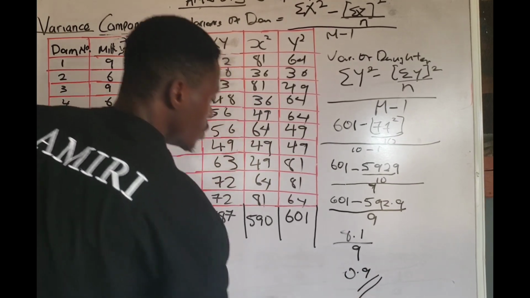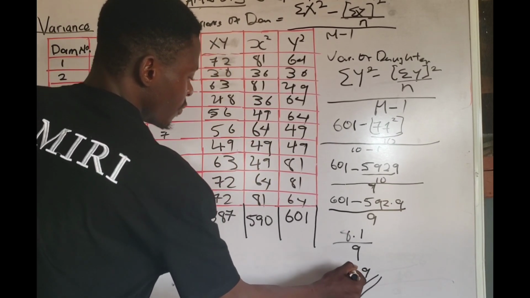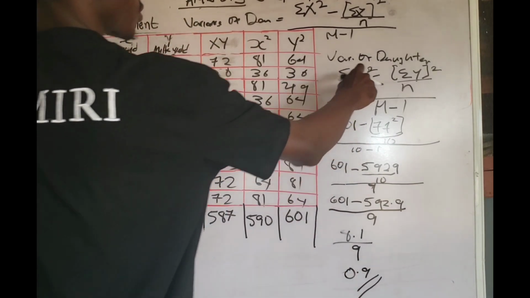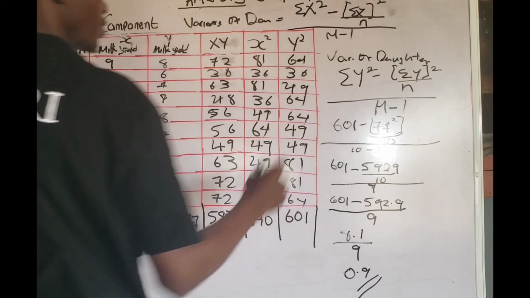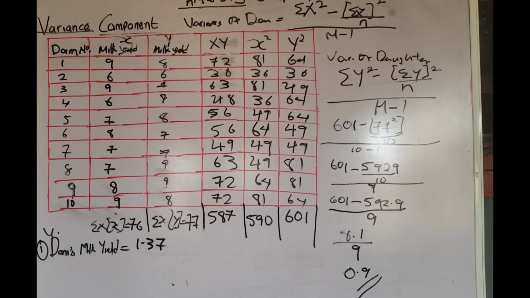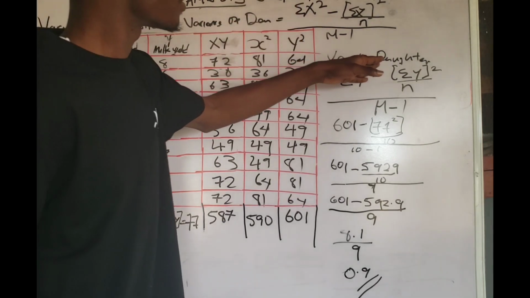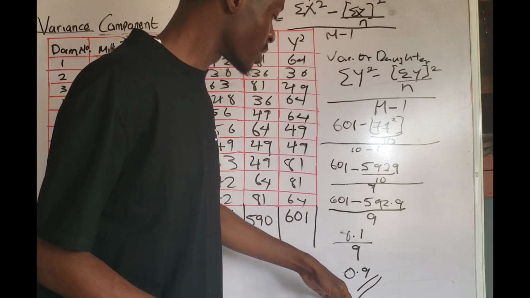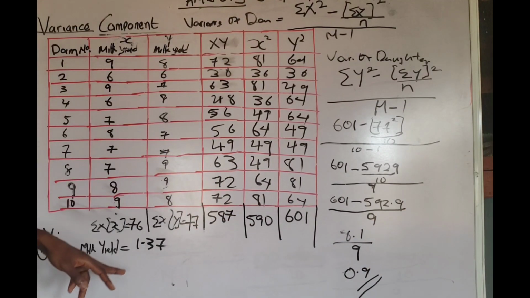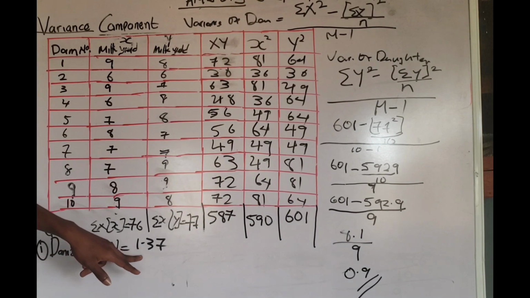So this is the variance component of the daughter's milk yield, 0.9. At this junction, we have discovered the variance component of the dam's milk yield, 1.37, and of the daughter's milk yield, 0.9.